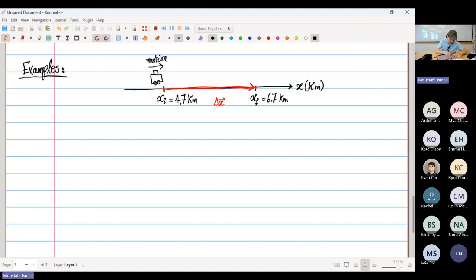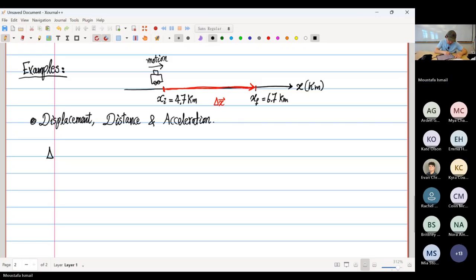So we want to calculate displacement, distance, and acceleration. Displacement is straightforward. It is by definition.